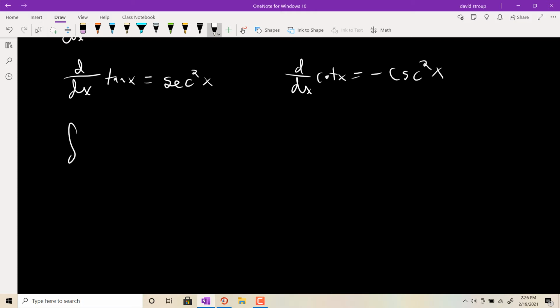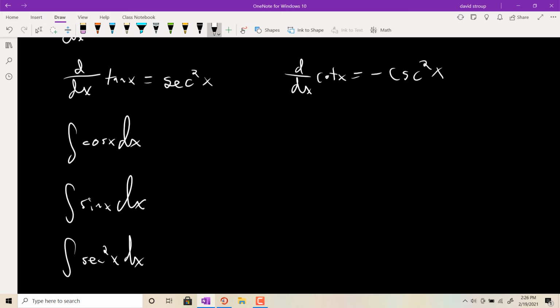So the integral of cosine x dx, the integral of sine x dx, the integral of secant squared x dx, the integral of cosecant x cotan x dx.